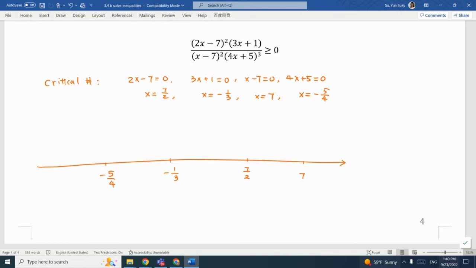Open, because that factor is in the denominator, right? Negative 1/3. Closed. Right, everybody? 7/2. Closed. And then open. Right, everybody? Okay. And now, what is the leading coefficient?